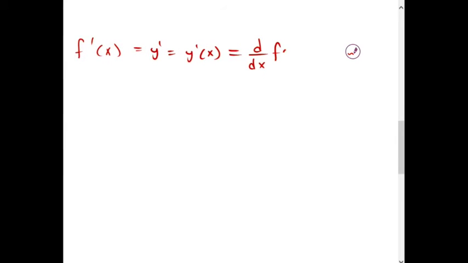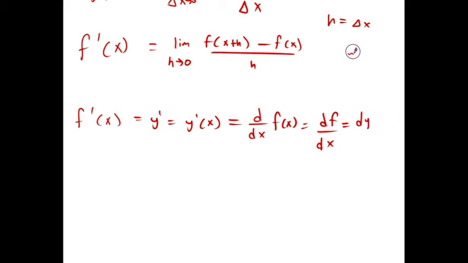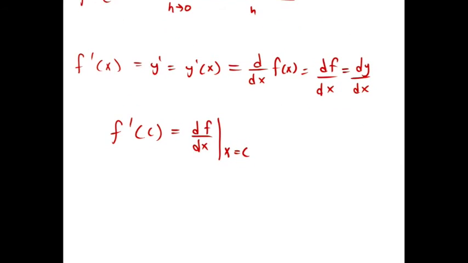So d dx of f of x, or df dx, or dy dx. These are all valid. For evaluating at some point c, we can write f prime of c, or df dx with a line and x equals c. So this is df dx at x equals c.